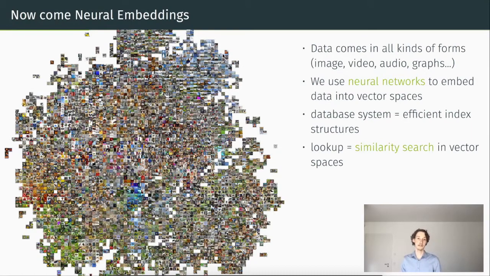In these vector spaces, we can then look up by computing the nearest neighbors of our queries. As for instance, in this image on the left, we have a bunch of images and they are grouped together by their similarity. If we want to do a nearest neighbor lookup, we can look in the neighborhoods of the images. So queries become similarity search.